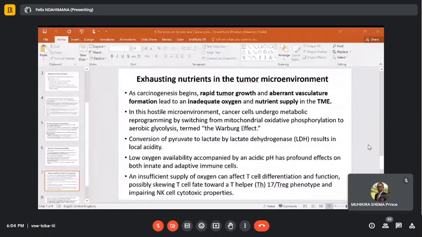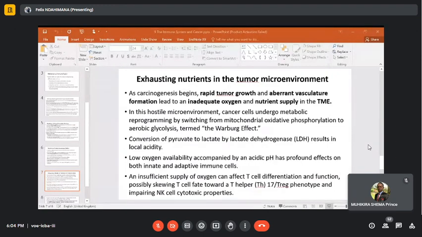There will be a lot of production of acid in this tumor microenvironment. Instead of producing ATP and water, now they are producing acidity. They are making this environment more acidic. So the low oxygen availability is caused by aberrant vasculature and rapid tumor growth. So there is not enough oxygen.